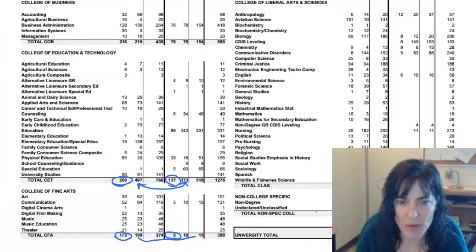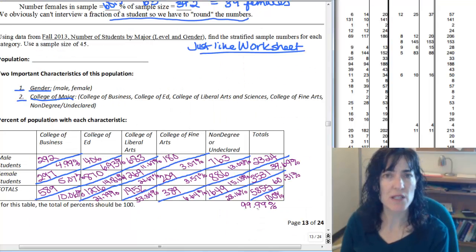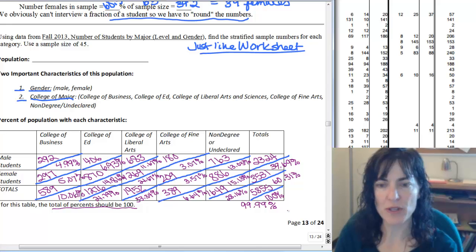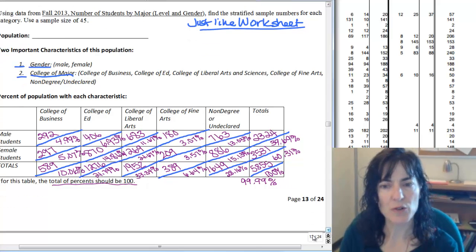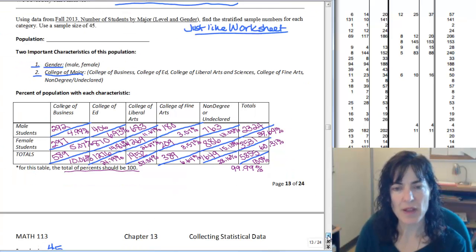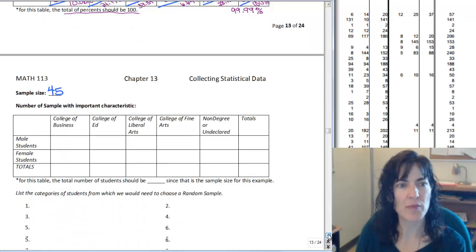So I know I'm off, and that is due to rounding, and it's not a huge problem. I could go back through each of these totals and double check their percentages against the out of 58.55. Okay, so the percent should total 100, and I kind of showed you what I was doing to find those percentages. And let's move on here.